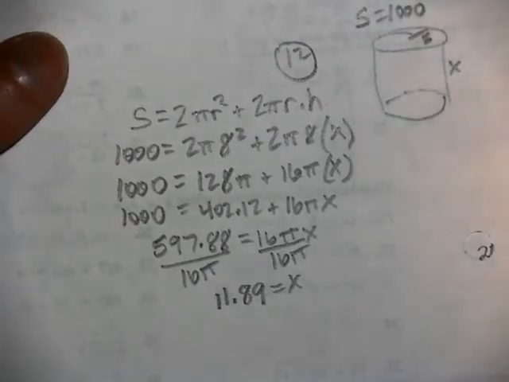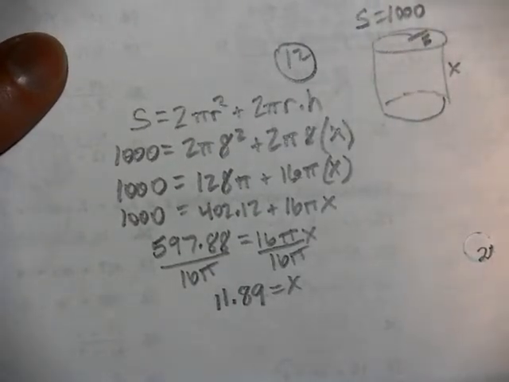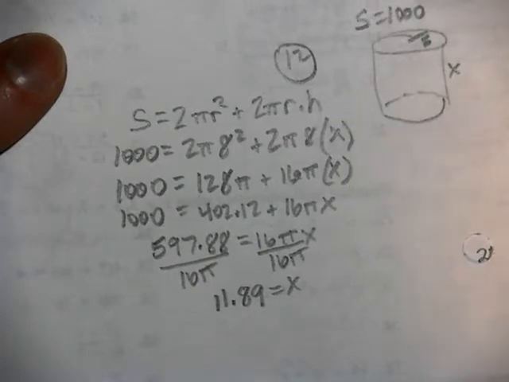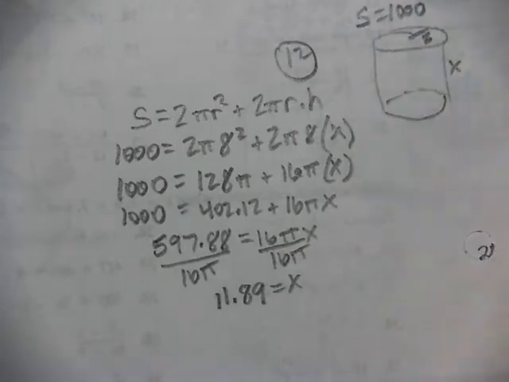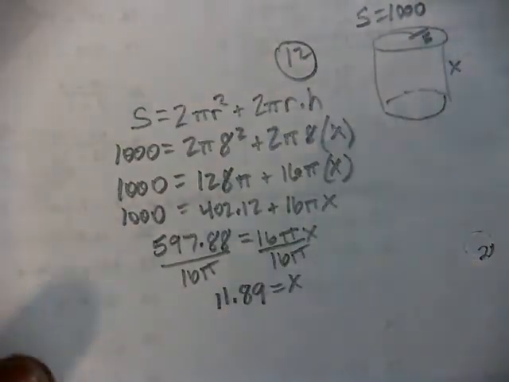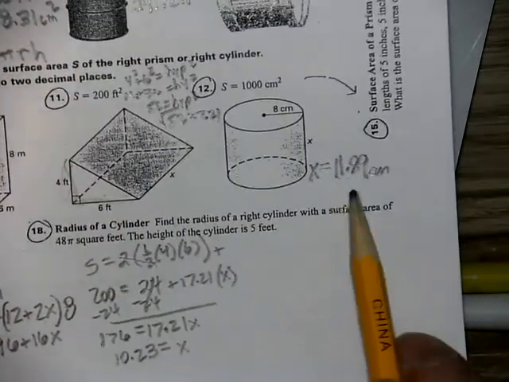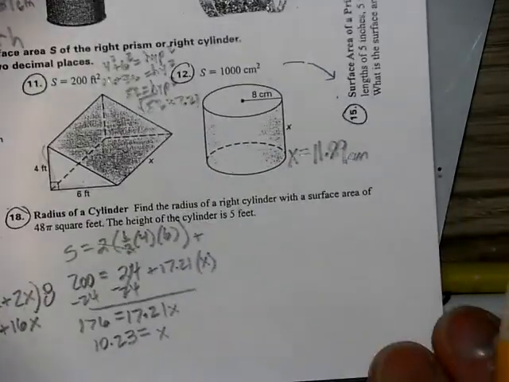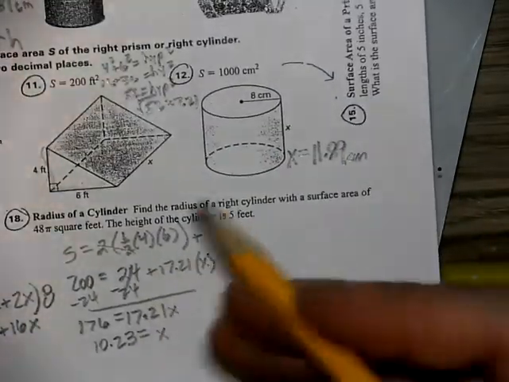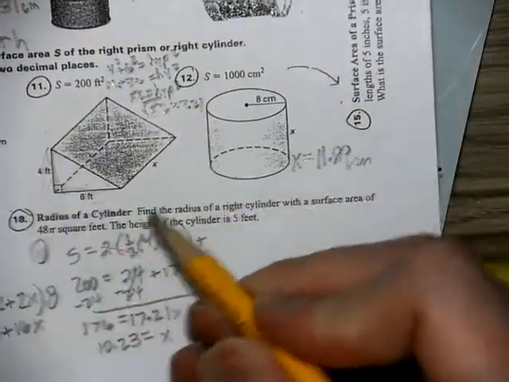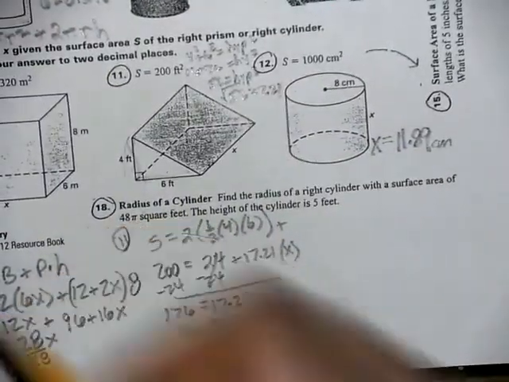So we got x to equal 11.89. Those were centimeters. This was number 11. This is number 10.